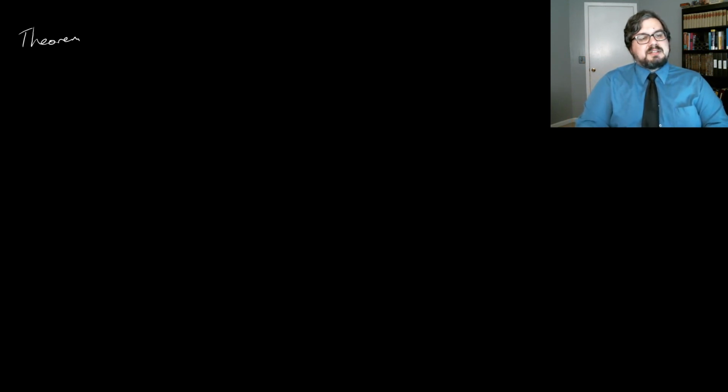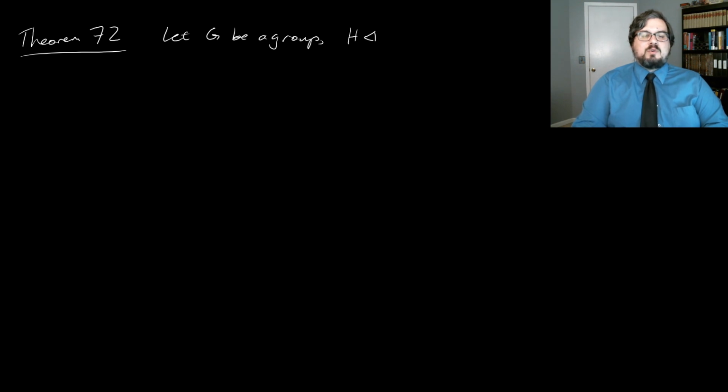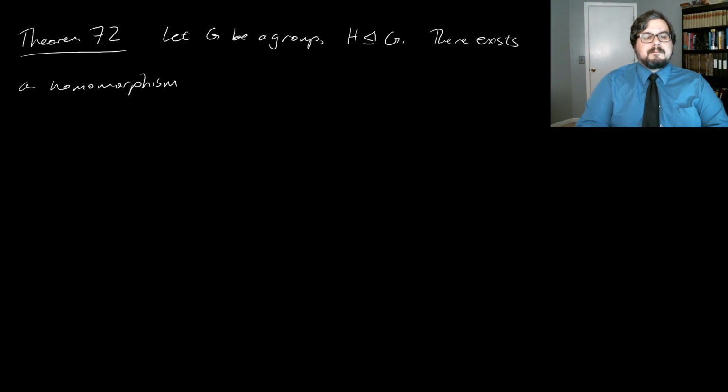So Theorem 72 says: let G be a group and H a normal subgroup of G. There exists a homomorphism phi from G to G prime such that H is the kernel of phi.